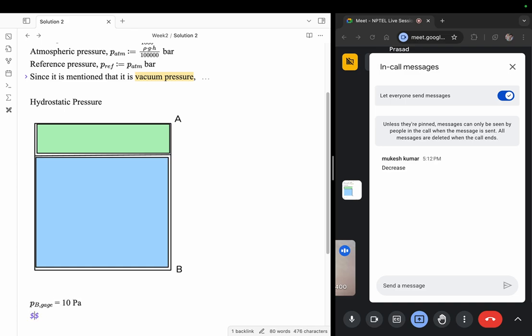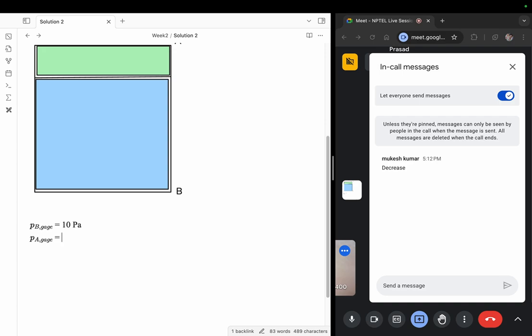Then what will happen to PA gauge with respect to B? So that will be a negative value, right?